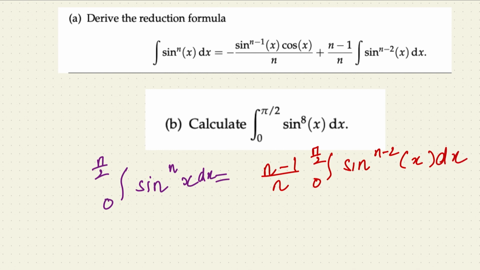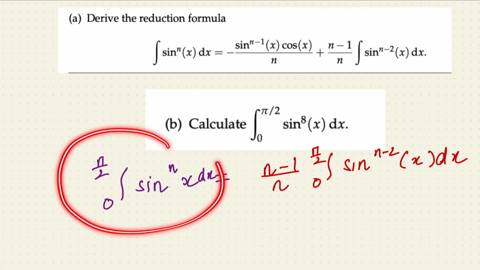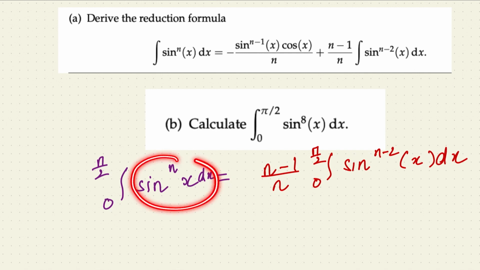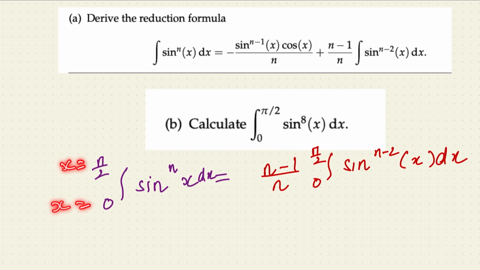So this expression has no value when you're calculating the definite integral from x equals 0 to x equals pi by 2 of sine to the power n x dx. But please note that this formula is specifically for the definite integral of sine to the power n x from x equals 0 to x equals pi by 2.